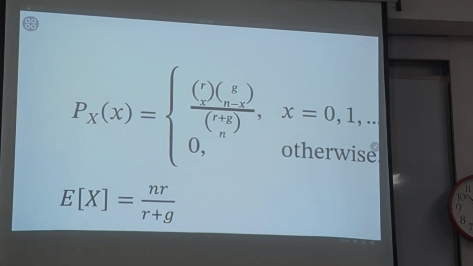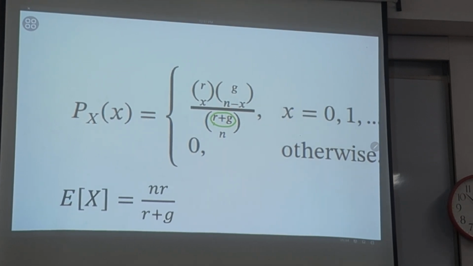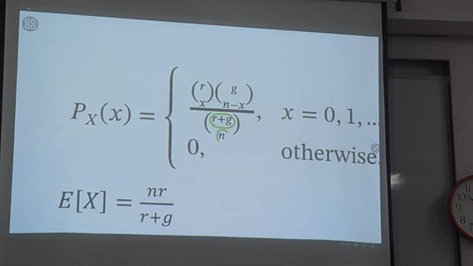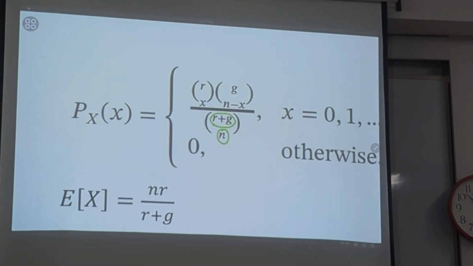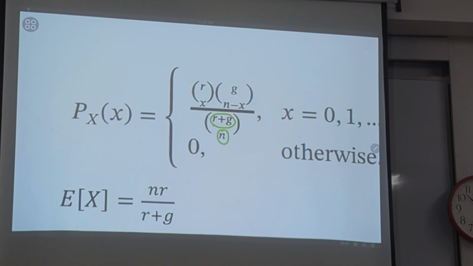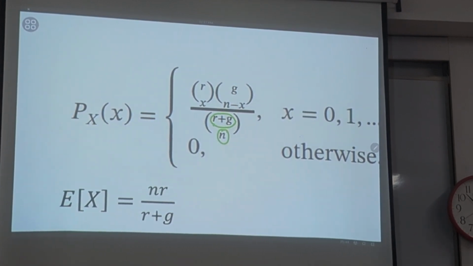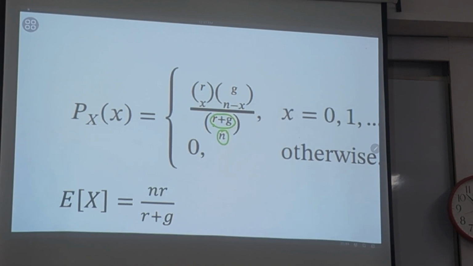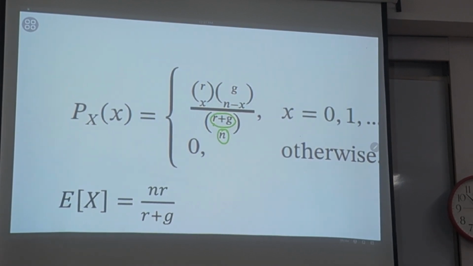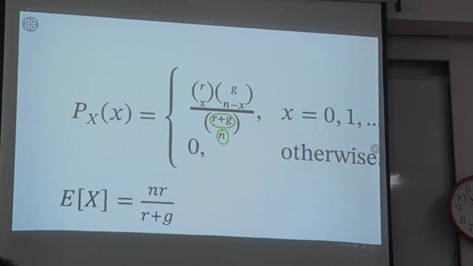From a set of R plus G balls, how many ways can you pick N balls? This is calculated using combinations. If there are R plus G balls, how many ways can you pick N balls? R plus G choose N. If there are 7 balls, how many ways can you pick 2 balls? 7 choose 2.